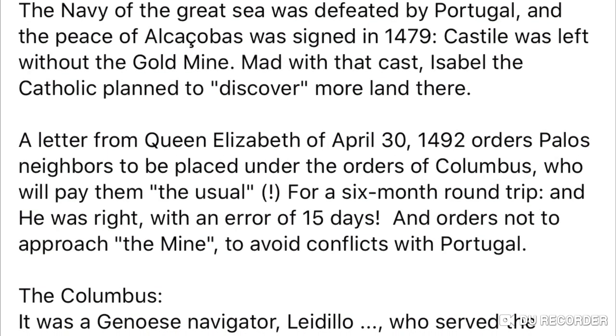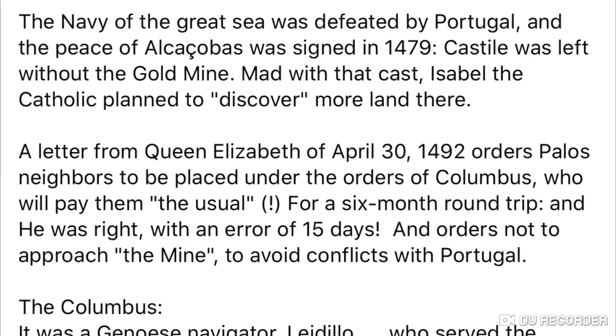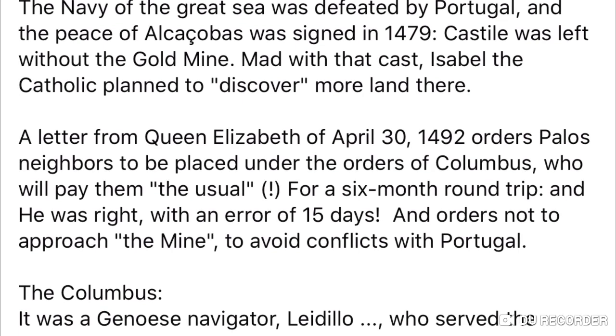Mad with that, Isabel the Catholic planned to discover more land there. Talking about America. So there ain't even been no idea of something to be discovered until Isabel decided to discover something, because she was mad that the church cut her off the deal in the Treaty of Alcáçovas.